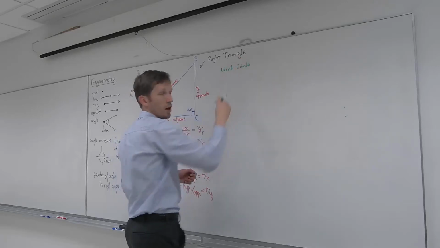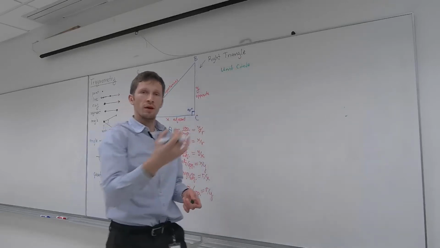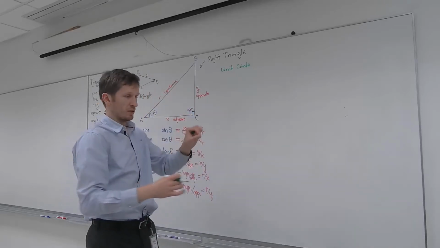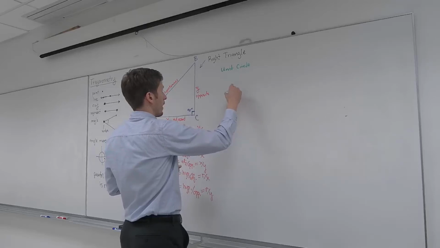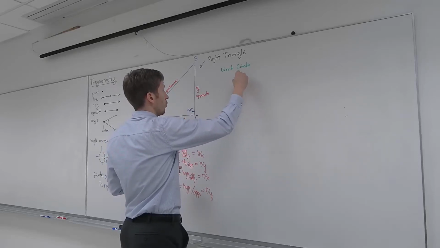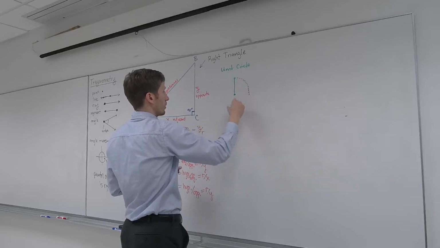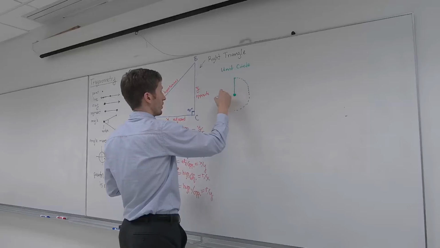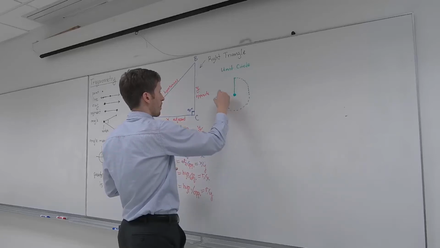Well, a circle is all points, this is a locus of points, equidistant from a center point, from a point called the center. So there's a center, okay? And then there's a unit, which means it's a 1, okay? And it's all the points one away from that center point. So one away from that center point. Okay?